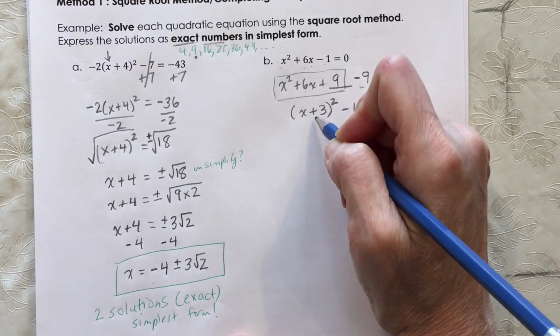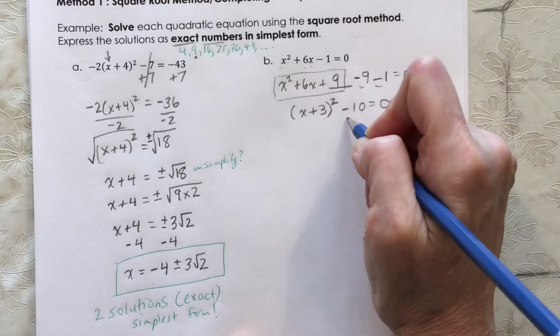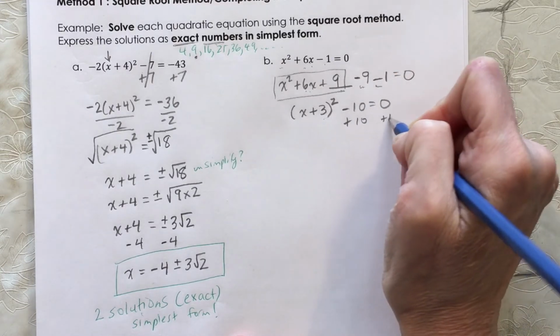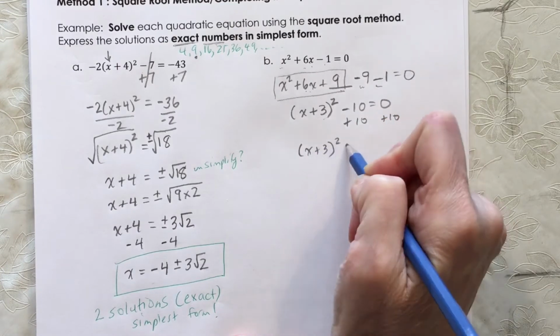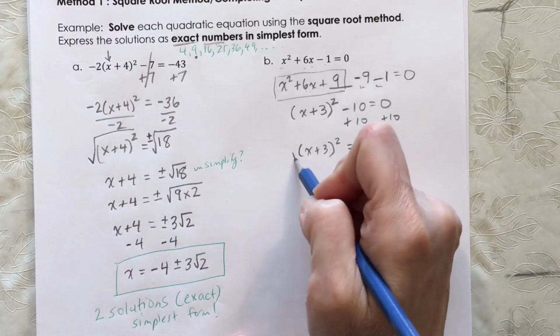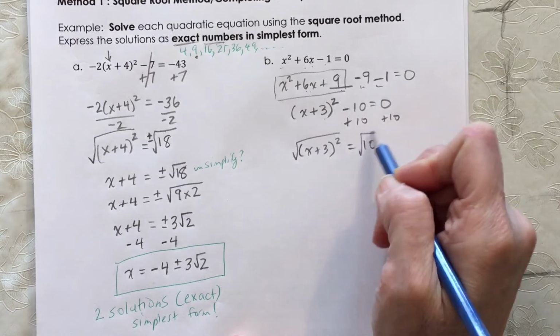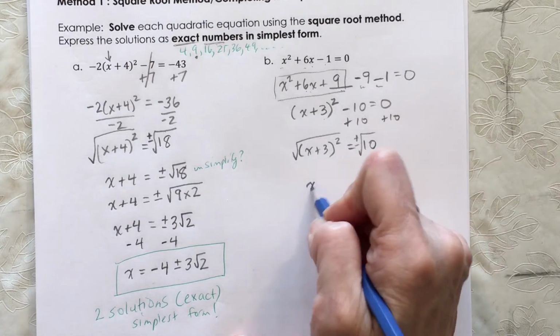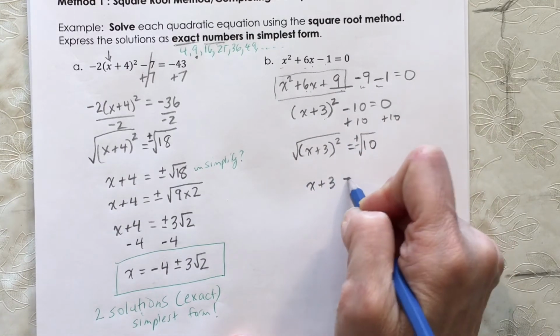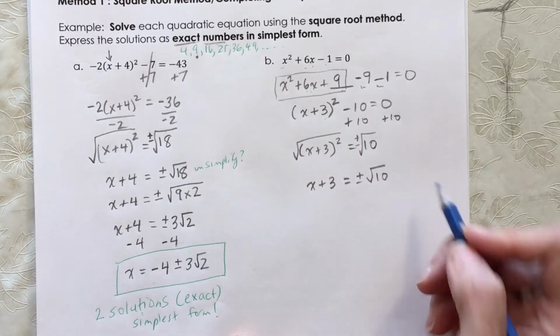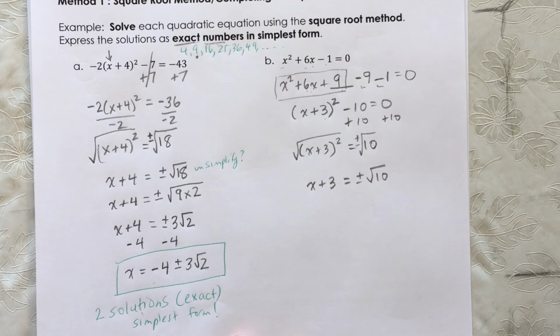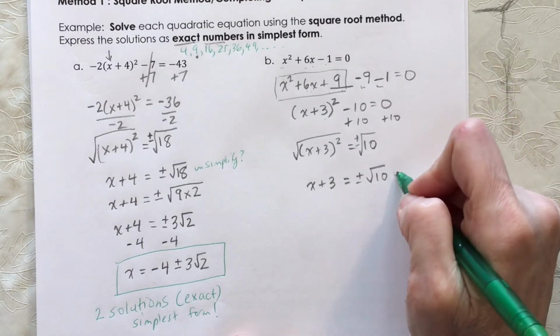So now we're going to use reverse BEDMAS to get x by itself, so we're going to add 10 to both sides. Square root both sides to undo the squared. And then here's where we would look and see, can the square root of 10 be simplified?